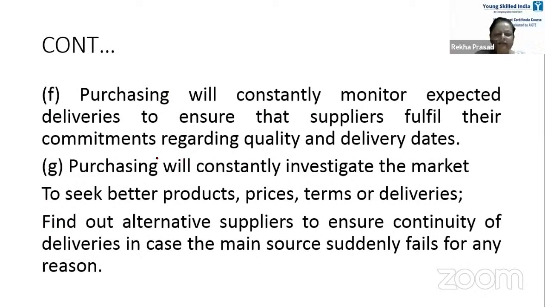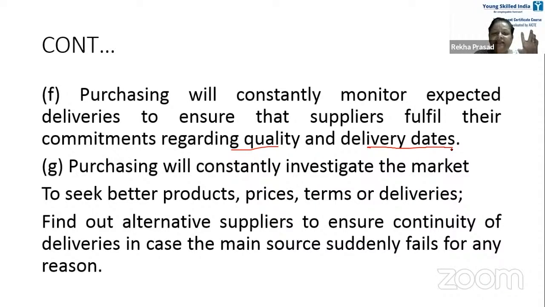We have already done this regarding quality and delivery dates. The purchase department has to see to it that the suppliers are adhering to the quality and the delivery dates. The purchasing will constantly investigate, because see, these dynamics are not permanent.